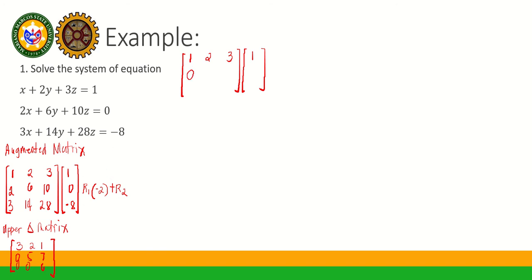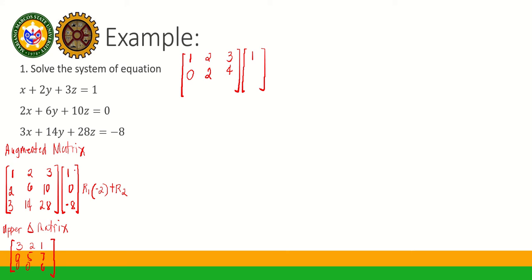Now, for the second column naman, 2 times negative 2, that is negative 4, plus 6, that is equal to 2. Okay? And for the third element, 3 times negative 2, that is negative 6, plus 10, that is equal to 4.